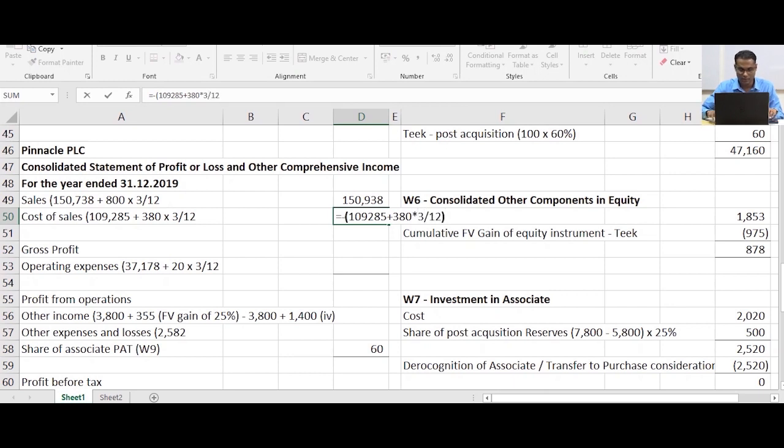Close the bracket. How much? 109,380. Then revenue minus the cost of sales, gross profit comes to 41,558. Operating expenditure, again it has to be a minus figure: open a bracket, 37,178 plus 20 into 3 divided by 12.